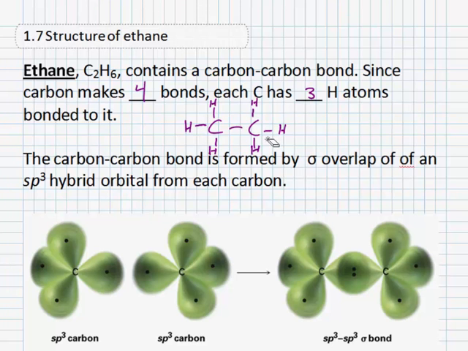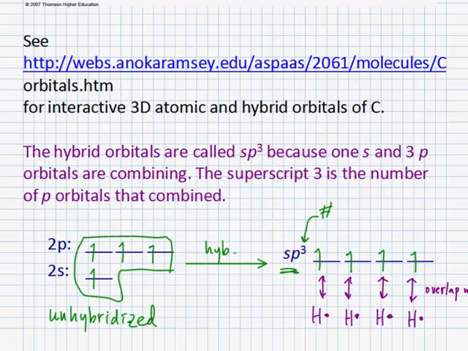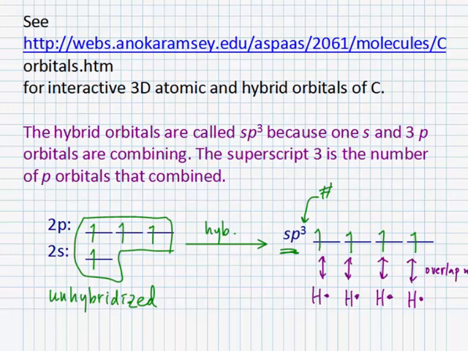So the carbon-carbon bond is formed by sigma, right? Remember that sigma bond? That's an overlap that happens directly in between 2 atoms. And in methane, that was actually sigma bonding as well, where there are 4 bonds directly in between the carbon and each of those hydrogens.